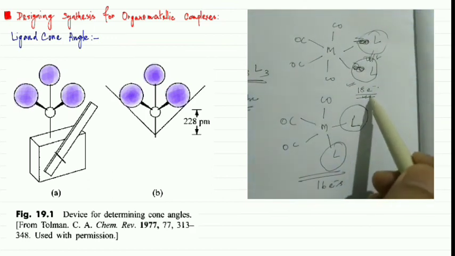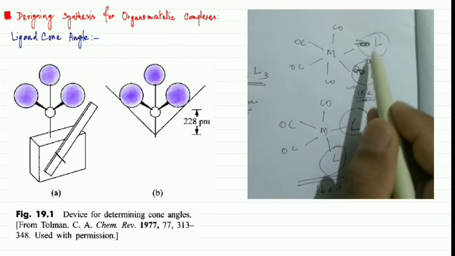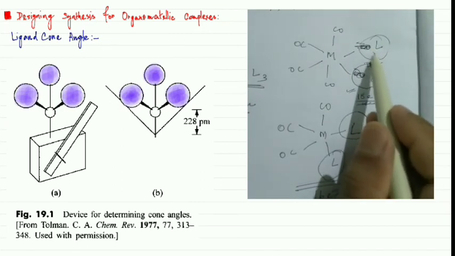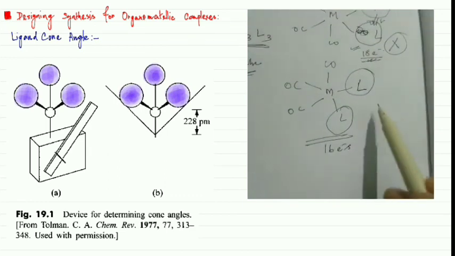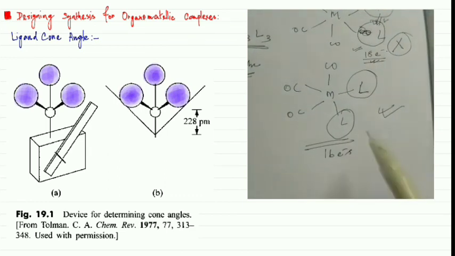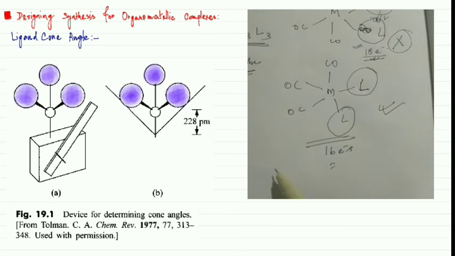But here if you notice, this one will not follow the 18 electron rule, it will give you 16 electrons, because one ligand is missing now, so 2 electrons are missing. Though according to the 18 electron rule the other complex is stable, due to the steric repulsion between these 2 ligands it is not stable, but this one is stable, though it has 16 electrons.